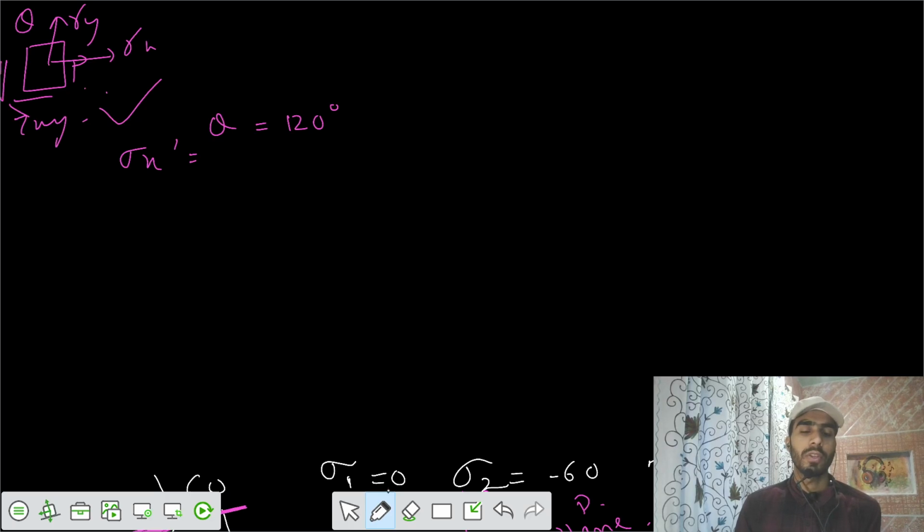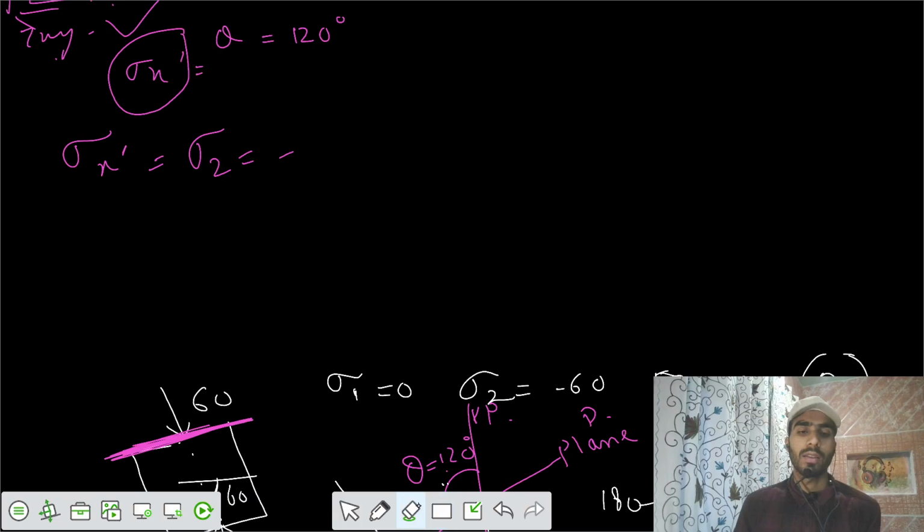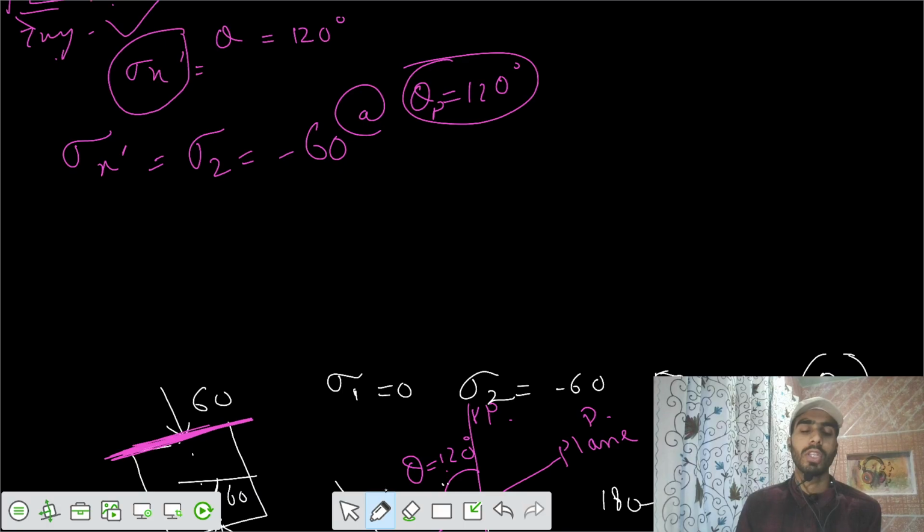So if we use this equation, we have unknowns sigma x, sigma y, and tau xy. But we know that sigma x dash equals sigma 2 equals minus 60 at theta equals 120 degrees, or theta p. We can say this is the principal location, theta p2 equals 120 degrees.